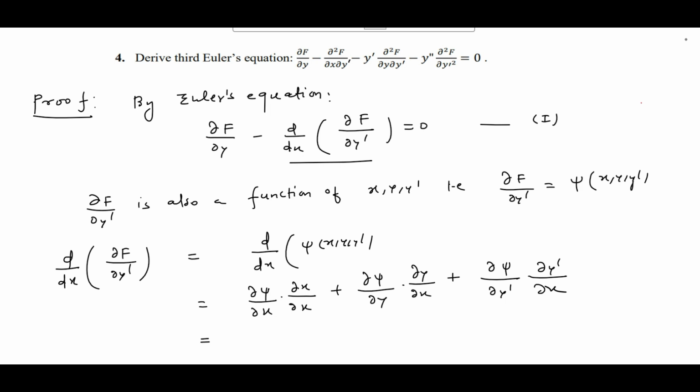Here this quantity will be 1. It will give del phi over del x plus del phi over del y and del y over del x, that is y dash. Here will be del phi over del y dash and del y dash over dx. Again differentiate the y dash with respect to x, it will be y double dash.